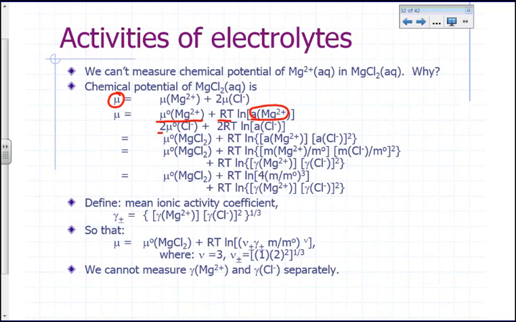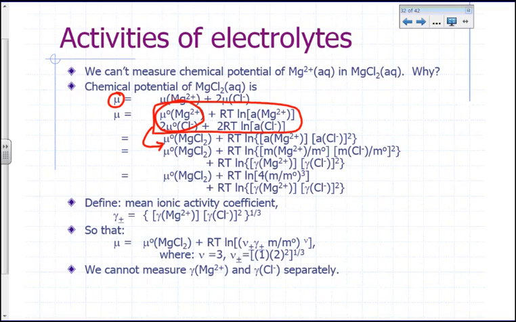So the chemical potential of chloride is its standard chemical potential plus RT times natural log of the activity of the chloride ion. And so this is our expression right here for the chemical potential of magnesium chloride.